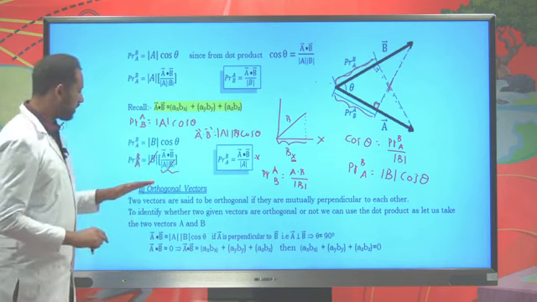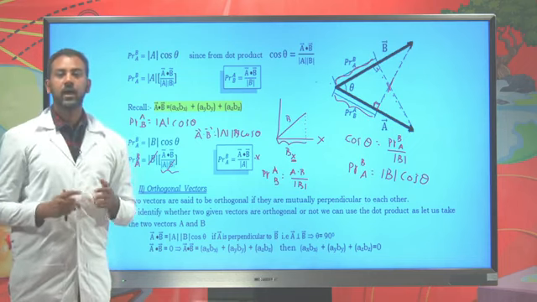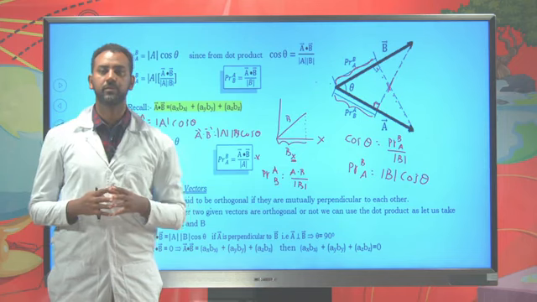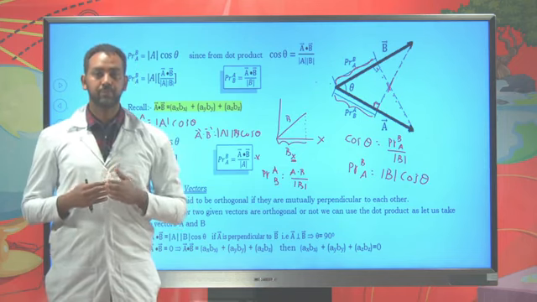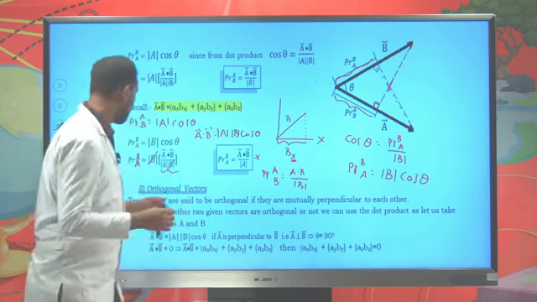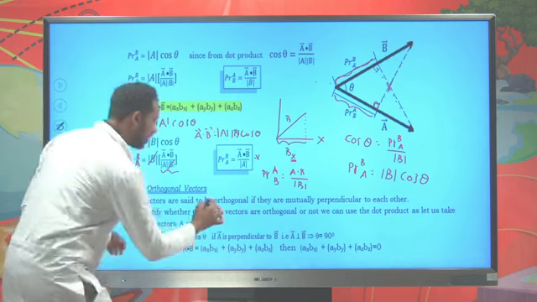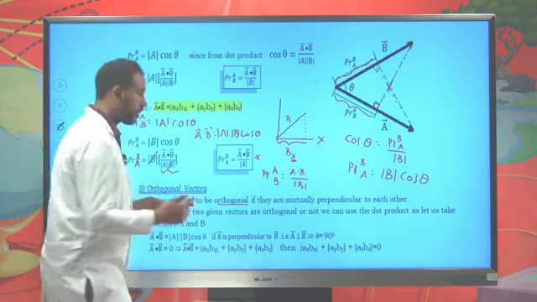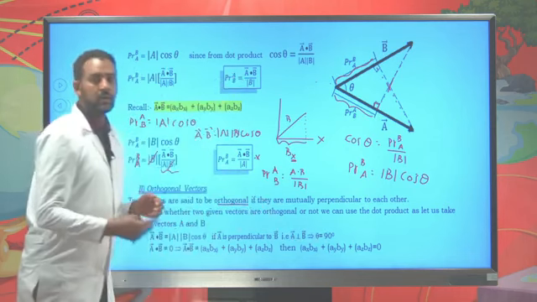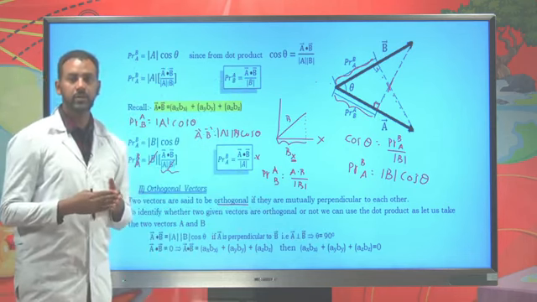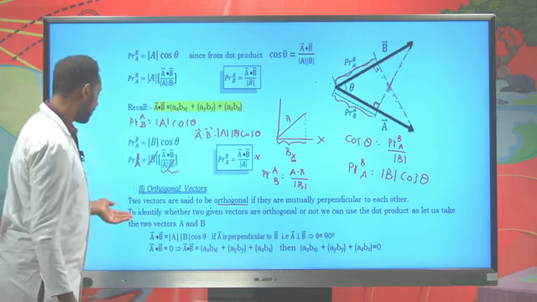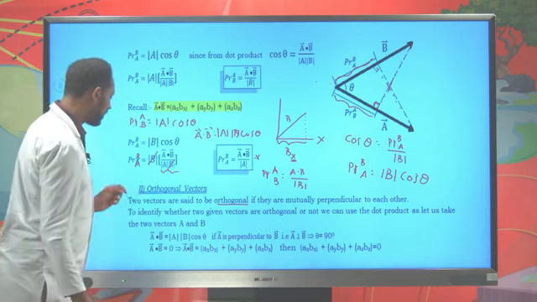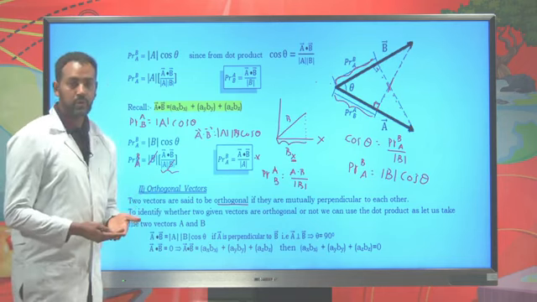The other application, and most important application, is how do we determine the orthogonality of vectors? Orthogonality of two vectors means whether they are perpendicular to one another or not. Two vectors are said to be orthogonal vectors if they are mutually perpendicular to one another. To identify whether two vectors are perpendicular to each other, we have to use the dot product.